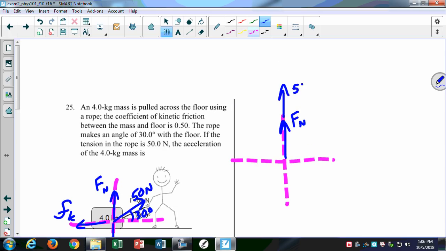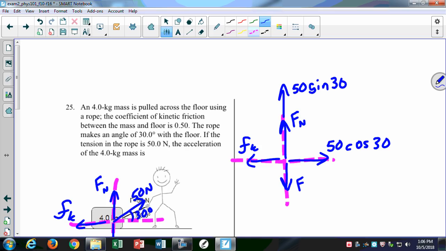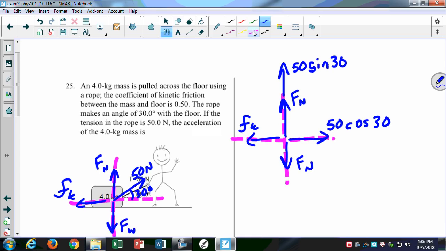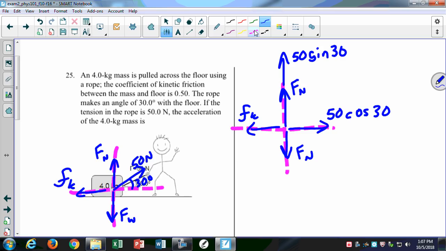This is going to be 50 sine of 30. This is going to be 50 cosine of 30. This is going to be Fk. And then this will be Fw. Sorry.